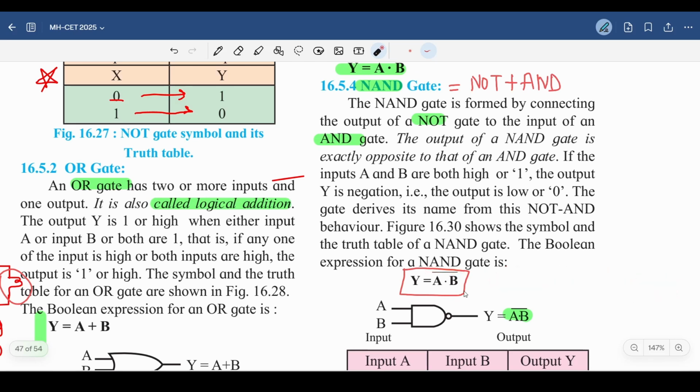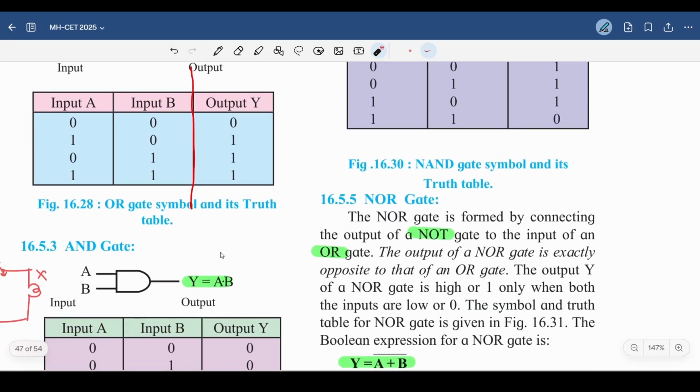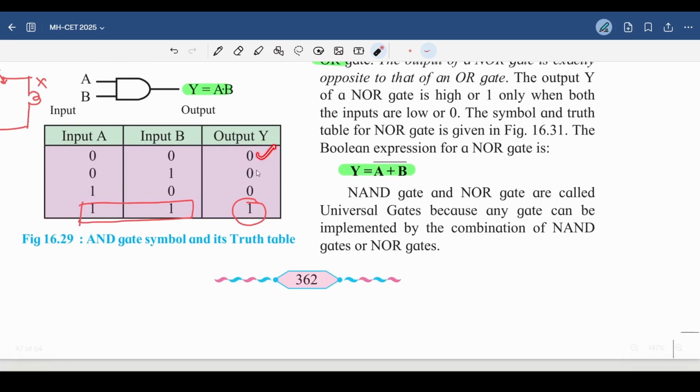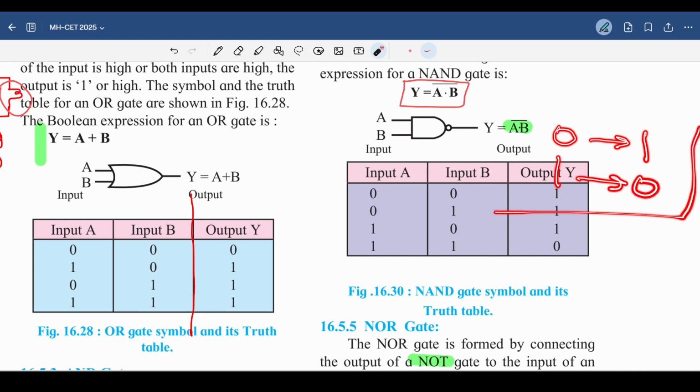So how will you read this equation? A and B inverse. The output will be inverse, the input will remain the same. In case of AND gate, the output was 0, 0, 0, 1. Now in case of NAND gate, the output will be 1, 1, 1, 0. It will be inverted. Inverted means 0 will become 1, 1 will become 0.